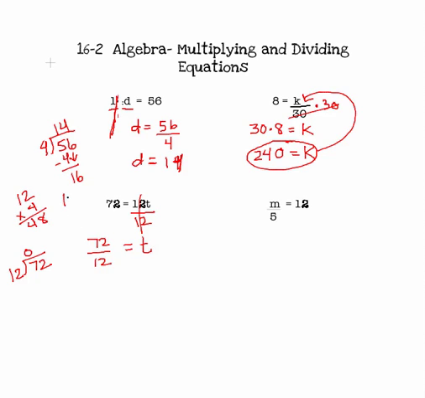Try it again. 12 times 6. 6 times 2 is 12. Carry the 1. 6 times 1 is 6, plus 1 is 7. That's 72. There we go. It goes in 6 times. Nothing's left over. So our answer would be 6 equals t. See how that worked?